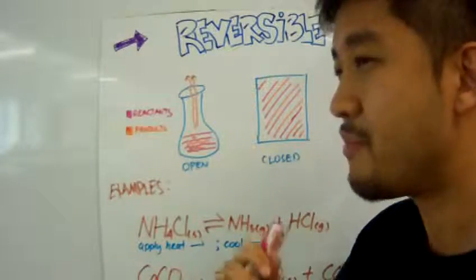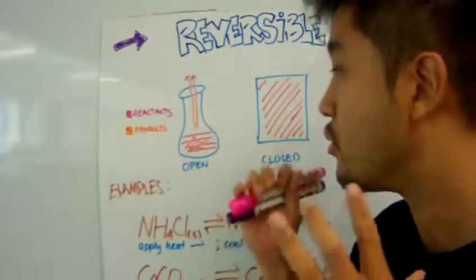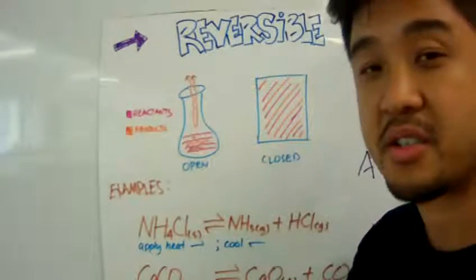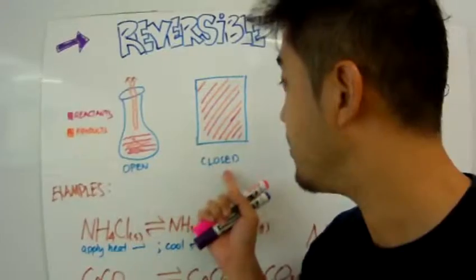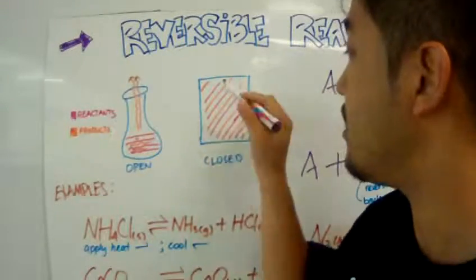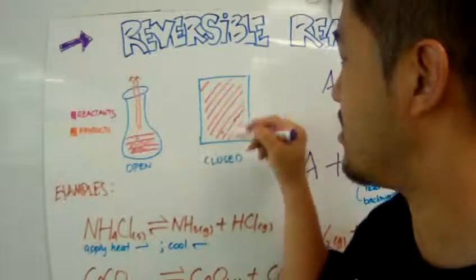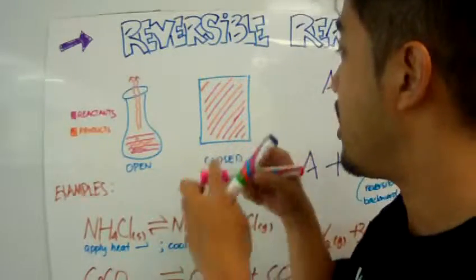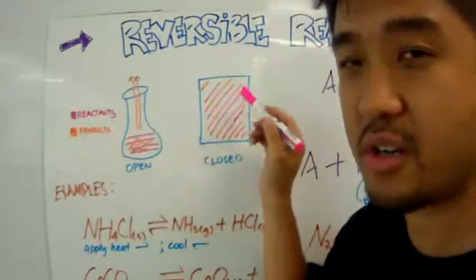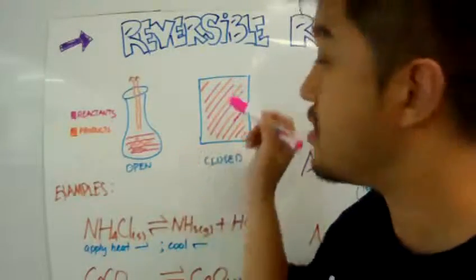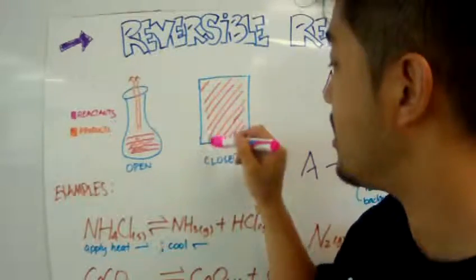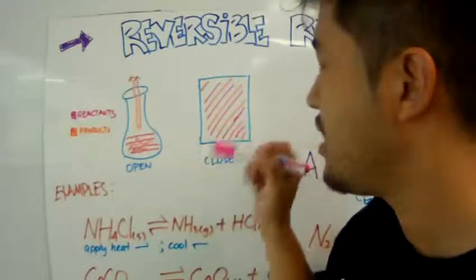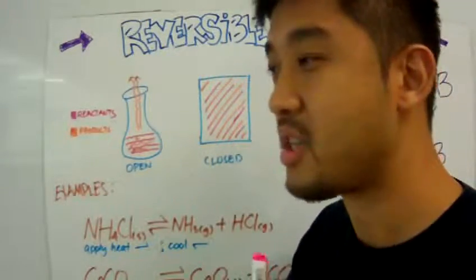you only have limited products of another type that is left in the reaction vessel. But if the reaction takes place in a closed system, at the beginning you have lots of reactants, and they are free to react. And when you form products, as drawn in orange, the products have nowhere to go. They're just going to be stuck in this closed system, and they're going to collide again with each other.